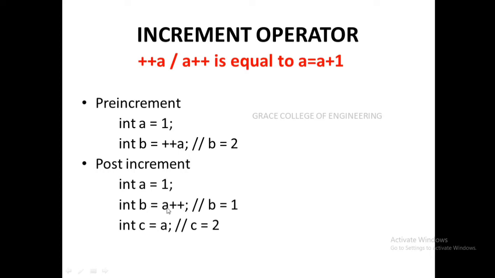So the value 1 is assigned to b. Then the value of a is incremented to 2. So now the value of a becomes 2. While assigning a to c in the third line, automatically the value of c becomes 2. So this is post-increment.